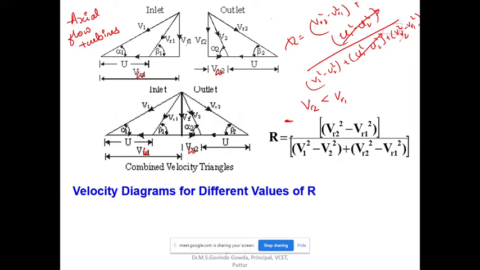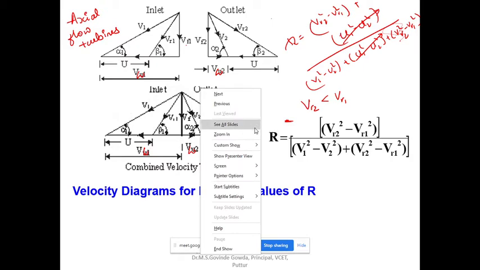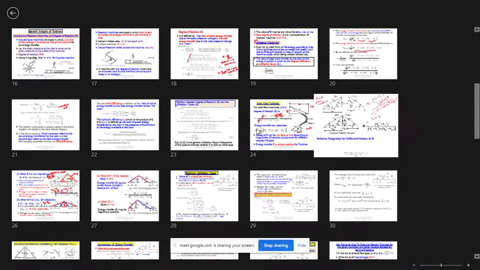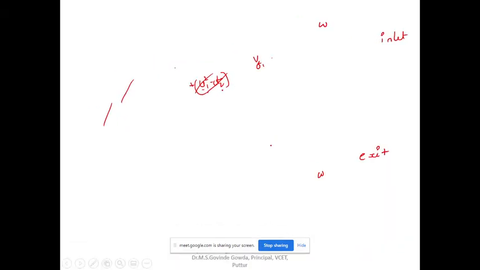In the last slide we can see a statement that the degree of reaction can be positive, 0 or negative.